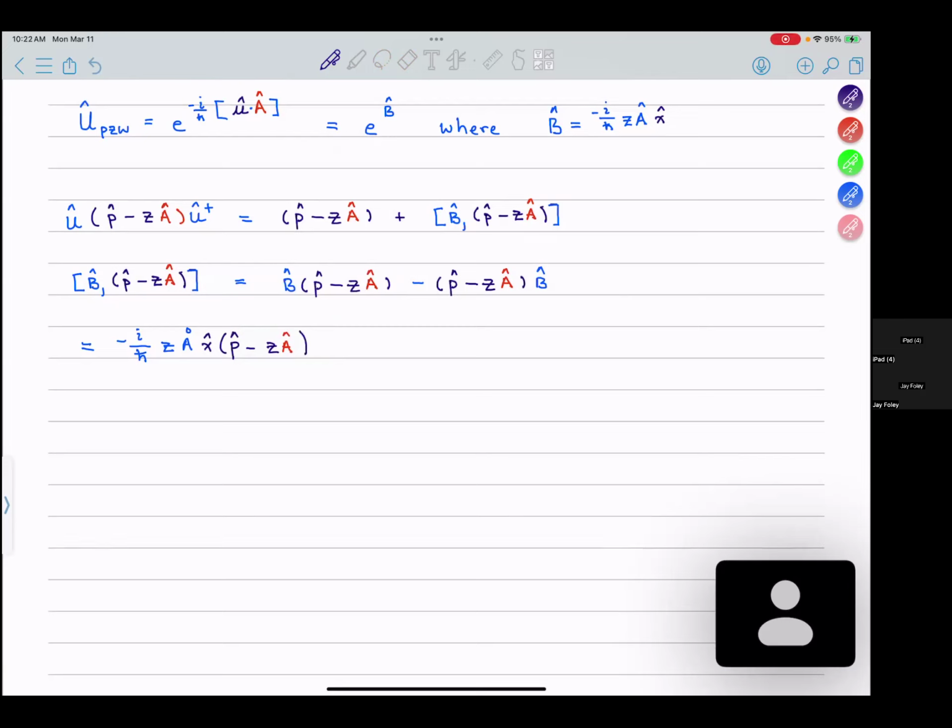Okay, so that's the first term, minus p hat minus z a hat, close parentheses, times minus i over h bar z a hat x hat. Just to make this clear.